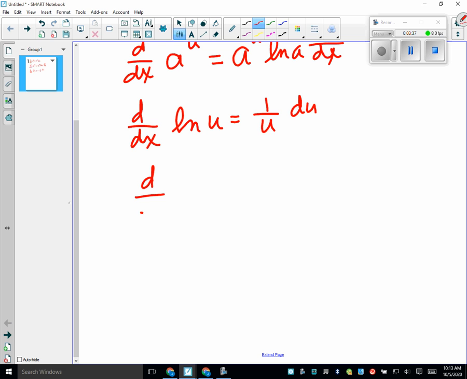The derivative of log base a of u is equal to 1 over u ln of a, du.